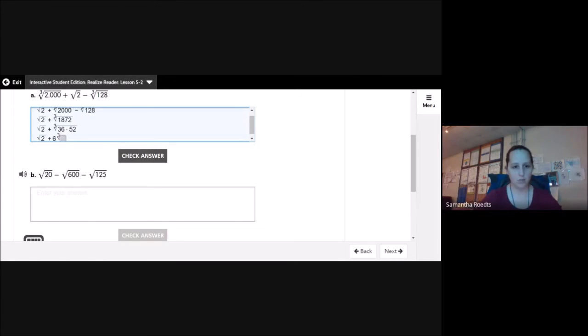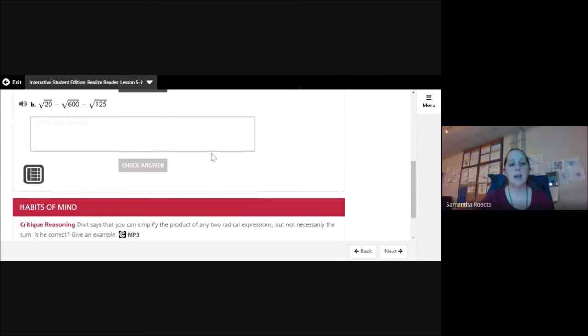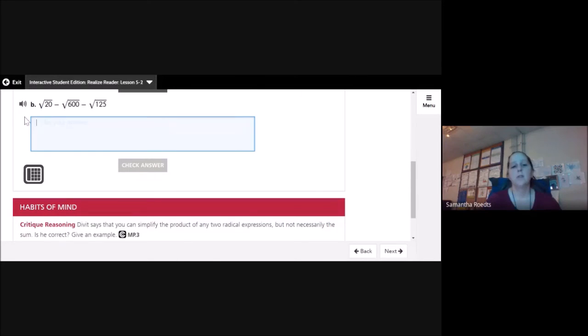All right, so then for B, I have square root of 20 minus the square root of 600 minus the square root of 125. So again, they're all square roots, so I can just subtract 20 minus 600 minus 125 is 705. I'm doing that. Let's do 20.